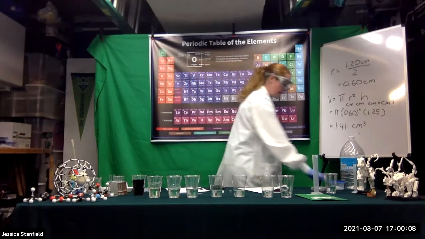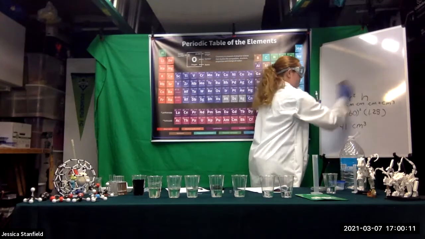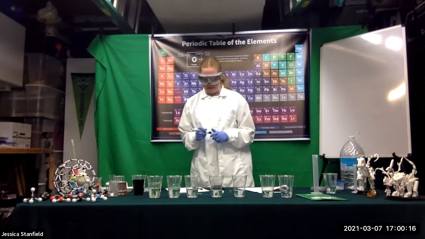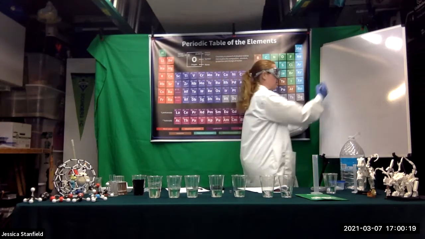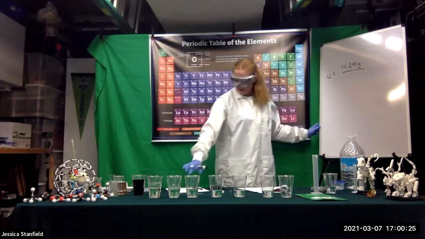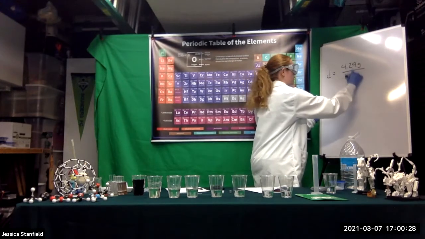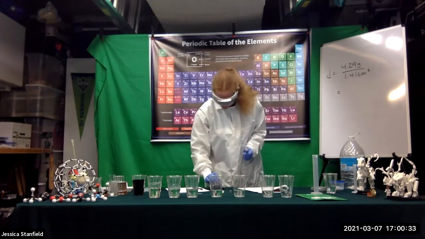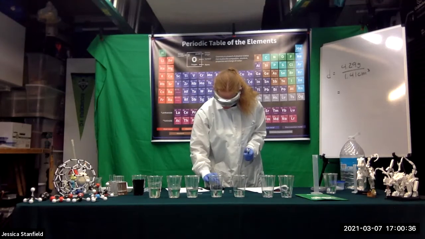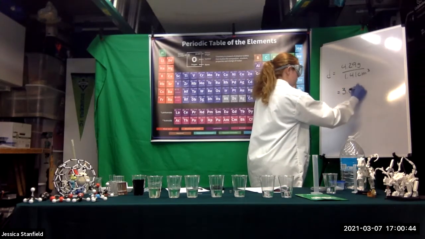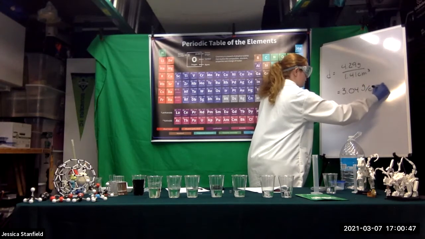And then from there, I can go ahead and calculate the density. Again, that's grams per milliliter or grams per centimeter cubed. So I'm going to take my 4.29 grams over the 1.41 centimeters cubed, and I'm going to get a density of 3.04 grams per centimeter cubed.